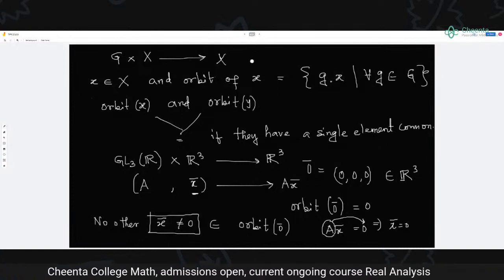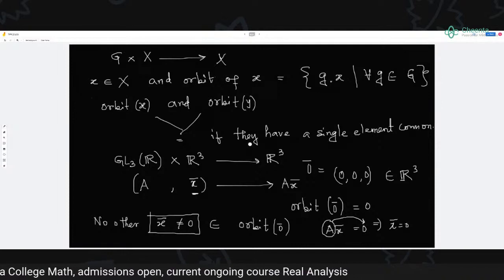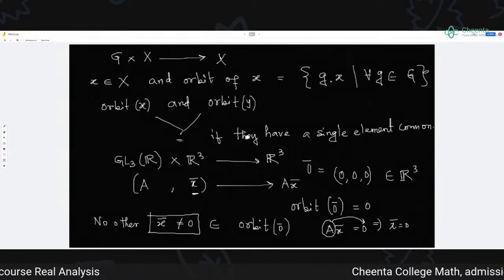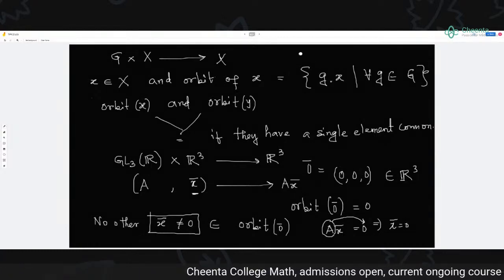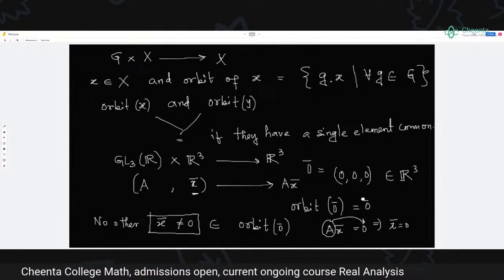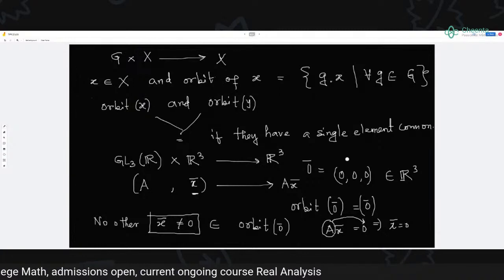So one of the orbits of this group action is the orbit of 0 bar, a singleton orbit, which is 0, 0, 0 itself.